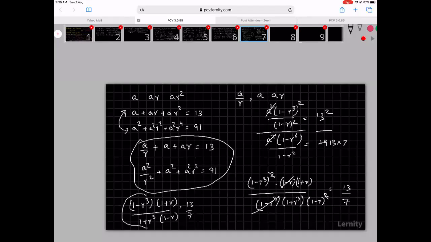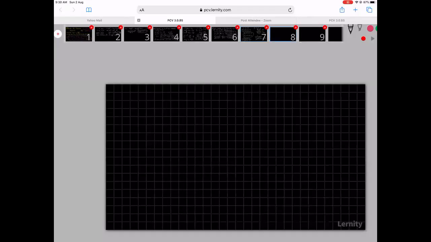So now we may be able to get the answer faster. You may be able to cross multiply it and solve this easily. I just have a gut feeling that you may be able to solve this easily. So I will do it for you: into (1 plus r) divided by (1 plus r cubed) into (1 minus r) is equal to 13 by 7.